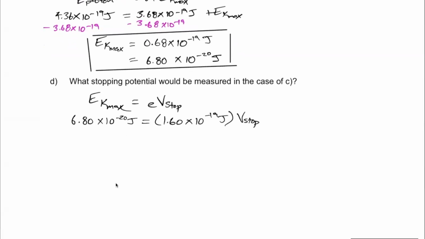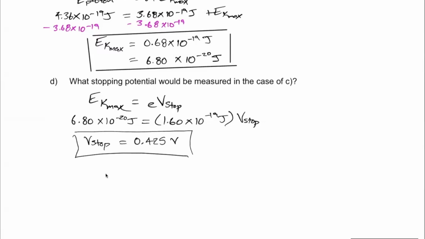When we divide, V stop is going to equal 0.425 volts. Haha, there it is. Any questions about that one? Good. Love to hear good. Anyone else? Good, bad, or indifferent?